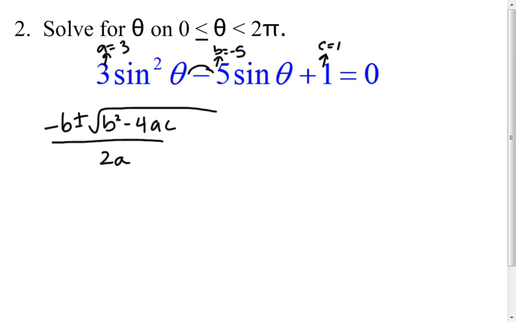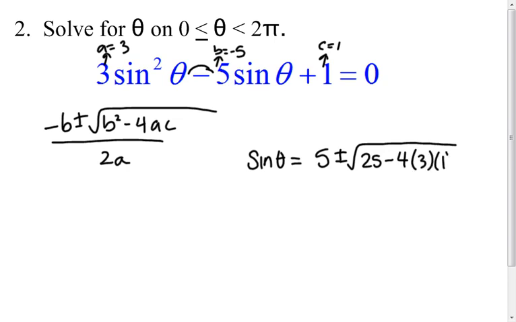Notice these have signs in the equation, so I'm going to say sine theta equals, and then do the quadratic formula. So the opposite of b plus or minus the square root of b squared, so negative 5 squared is 25, minus 4 times a times c all over 2a.